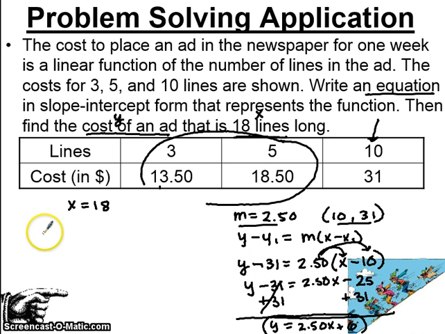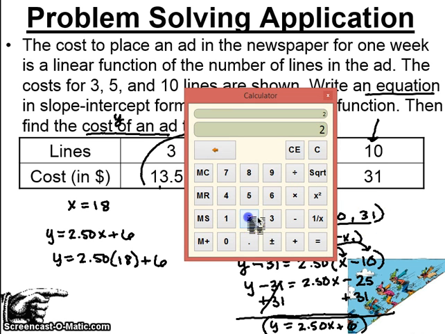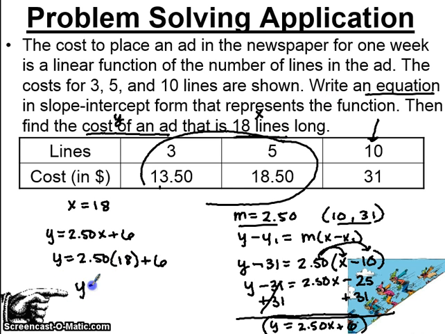Let's use our equation, which is y equals 2.50x plus 6, to figure out what y would be. So we have y equals 2.50 times 18 plus 6. If we use our calculator, 2.50 times 18 is 45. So we'd have y equals 45 plus 6, or y equals 51. The cost of 18 lines would be $51.